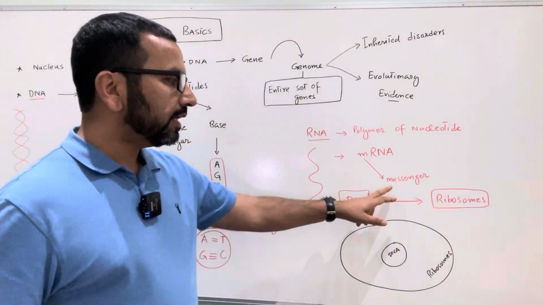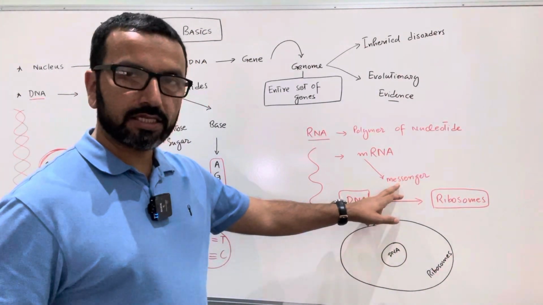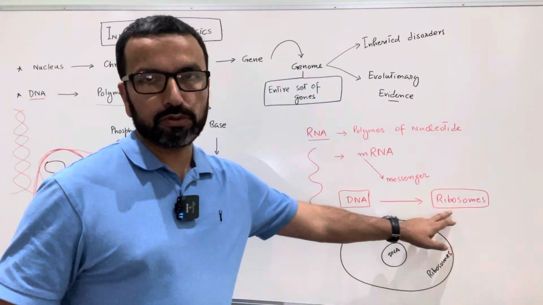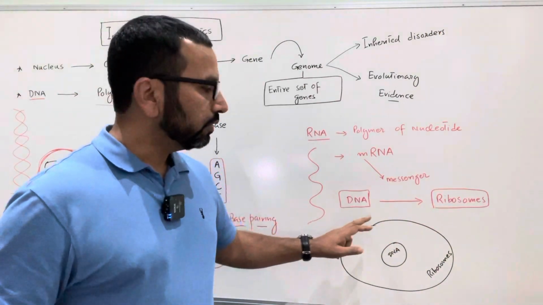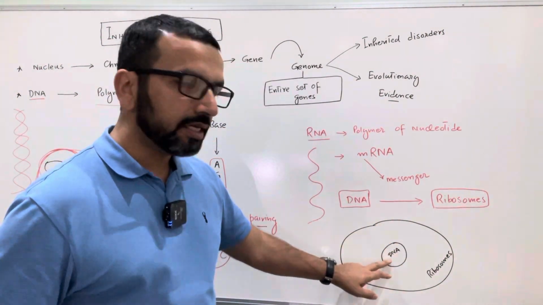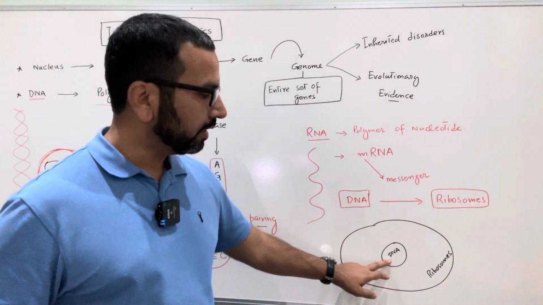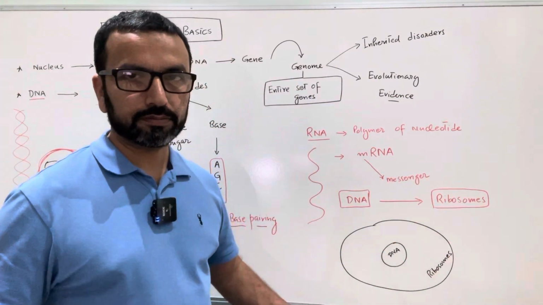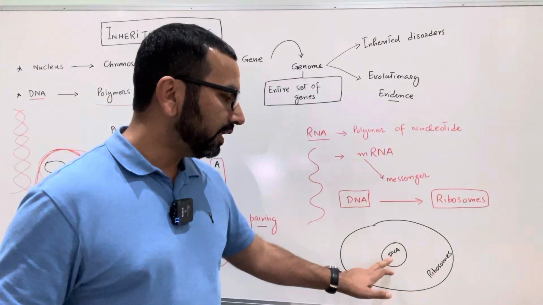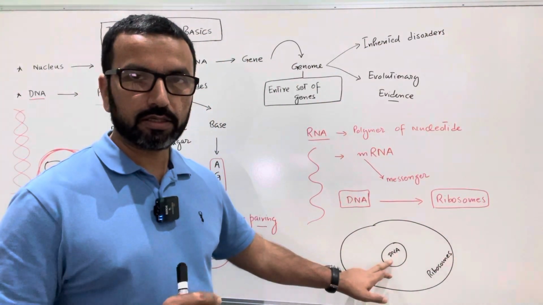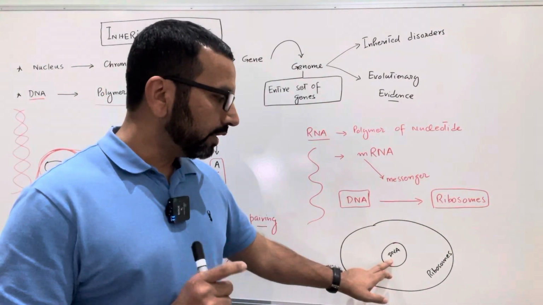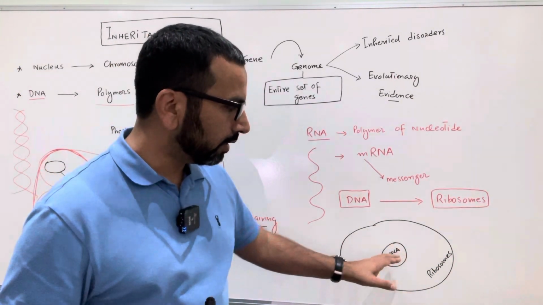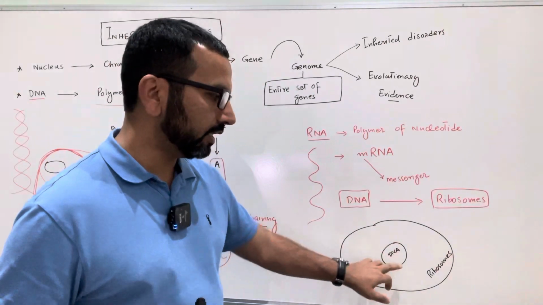Messenger RNAs basically carry a message from DNA to ribosomes. DNA is located inside the nucleus, but it is too big to come out of the nucleus. It means it carries the genetic information, the coded information, but it is not able to come out of the nucleus.